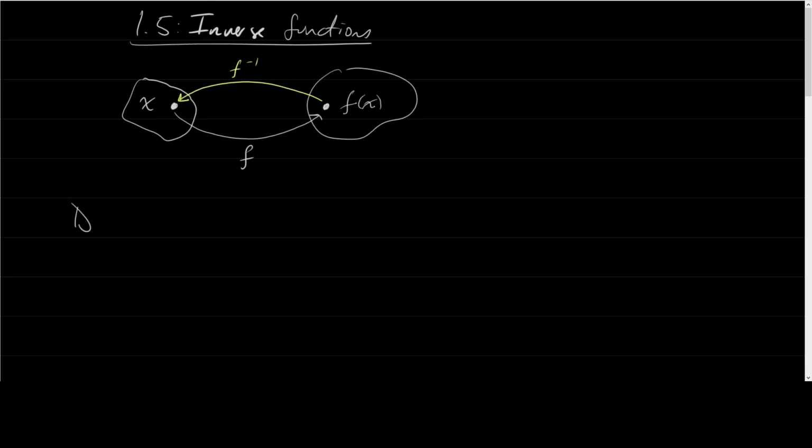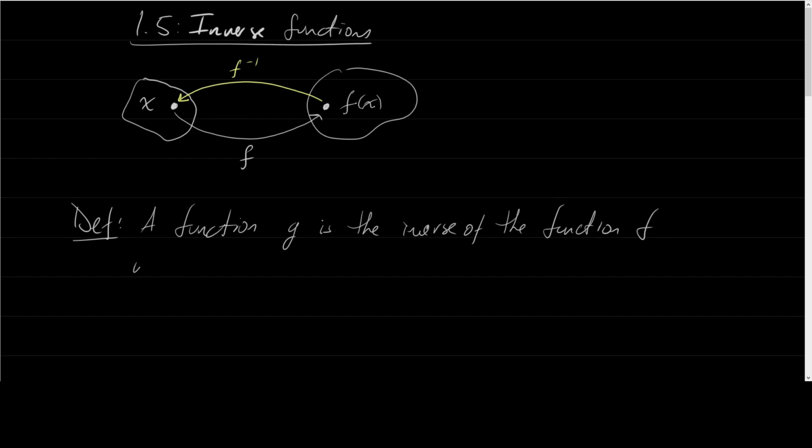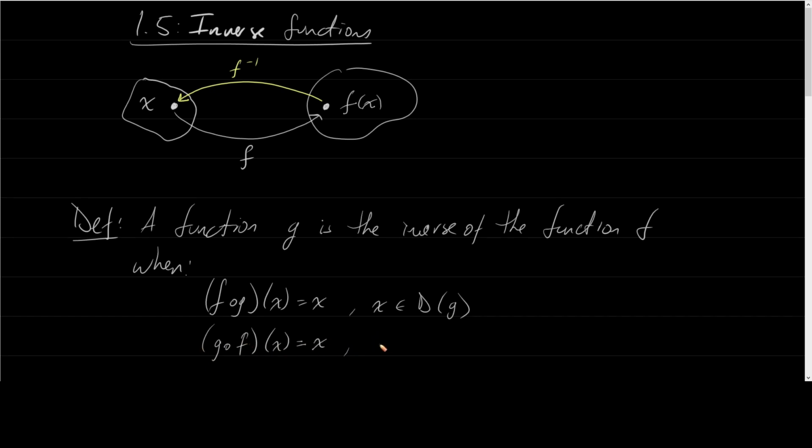Now let's actually define it. So definition. In here, a function g is the inverse of the function f when f composed with g of x equals x for x in the domain of g, and g of f of x is equal to x for x in the domain of f.